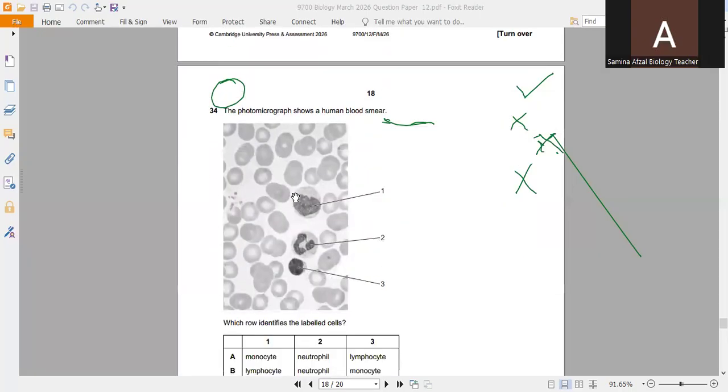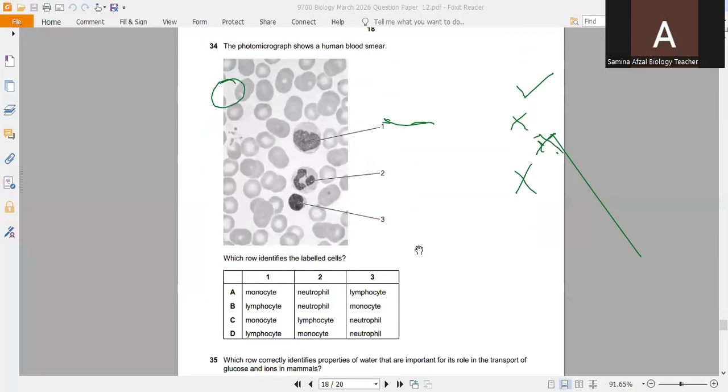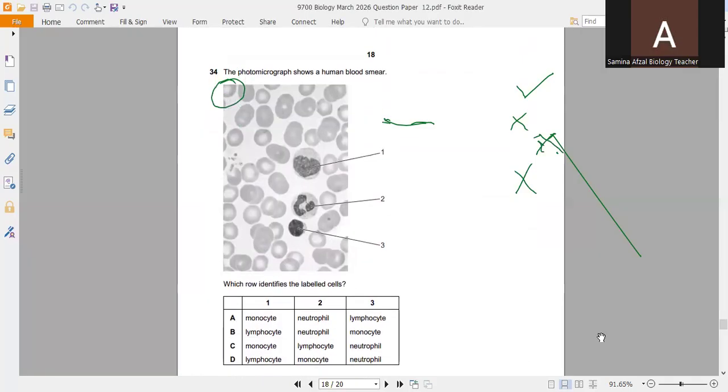Question number 34 is there, and question number 34 is: the photomicrograph shows a human blood smear.